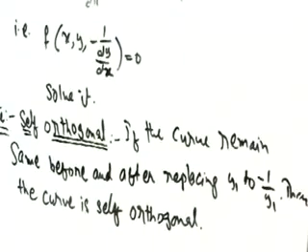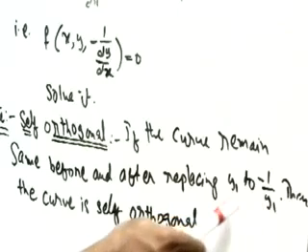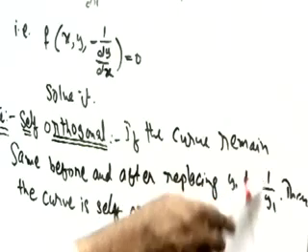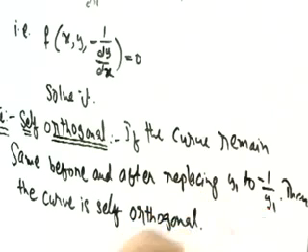One more very important concept: this is what is self-orthogonal. Suppose we are changing y1 to minus 1 by y1, or dy by dx to minus 1 by dy by dx. Before changing, there is an equation. If after changing, the equation is the same, then we say the curve is self-orthogonal.